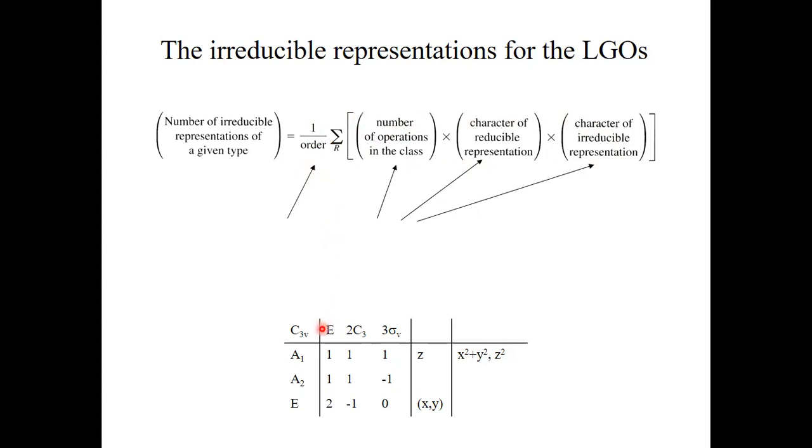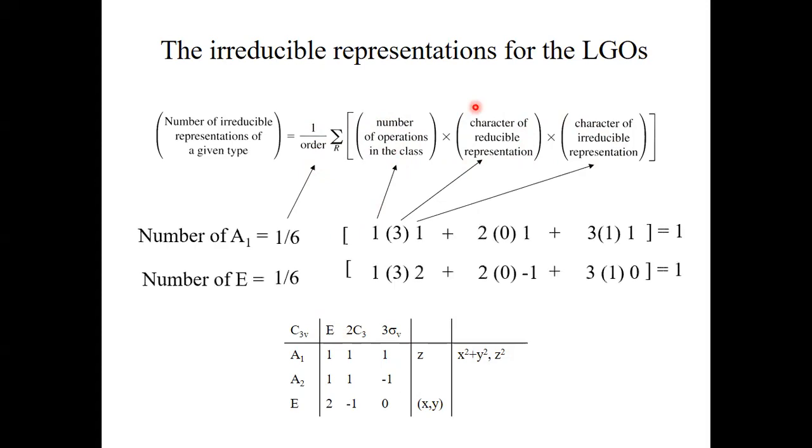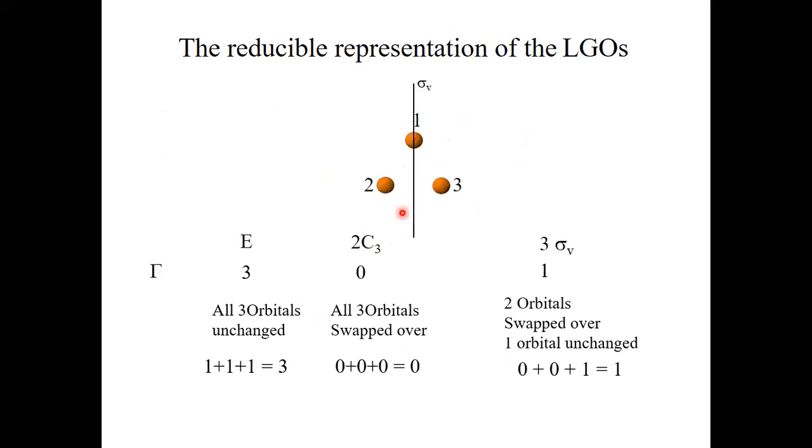Okay, so we can start with the symmetry operation E. So the number of operations in the class would be 1, because we have only one identity operation. We need to multiply that one with the character of the reducible representation. Now, what was the character of the reducible representation? That was, and we can look this up here, 3.